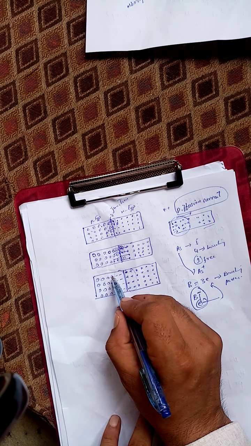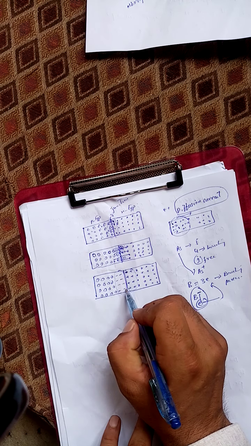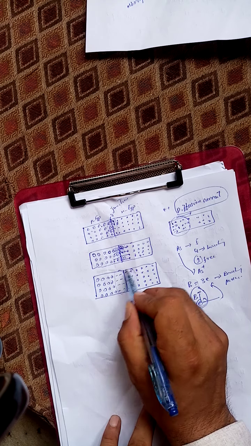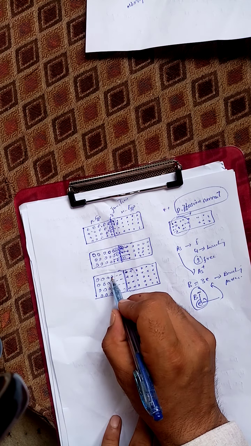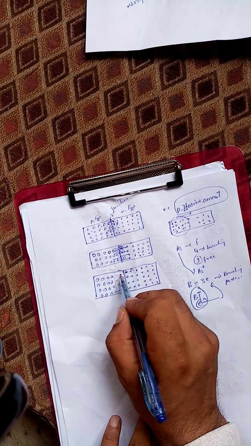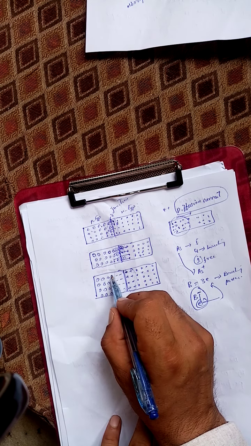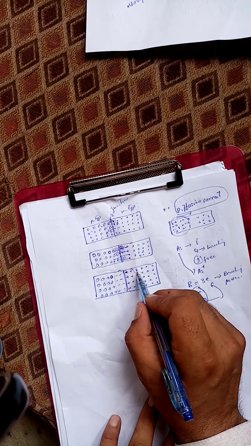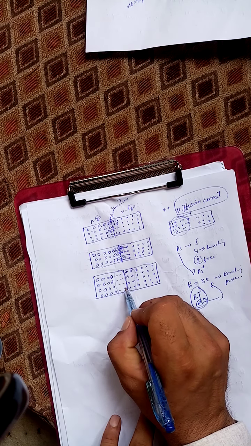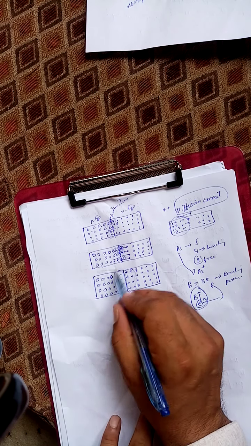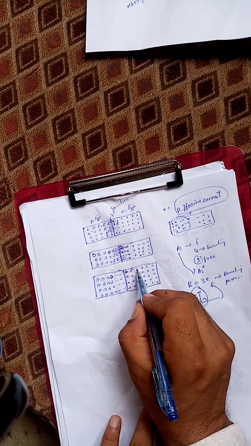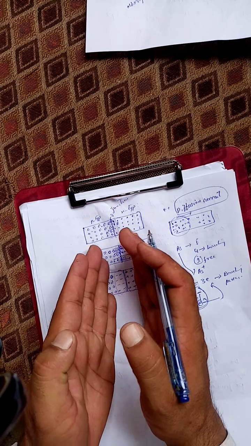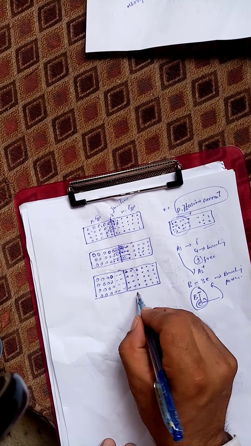If these holes try to diffuse across the junction, then this positive charge region pushes these holes backward, because they are both positive charges. Similarly, these electrons have a negative charge. If an electron tries to diffuse across this junction, then this layer of negative ions will push this electron backward. So a stage is reached in which the diffusion stops.